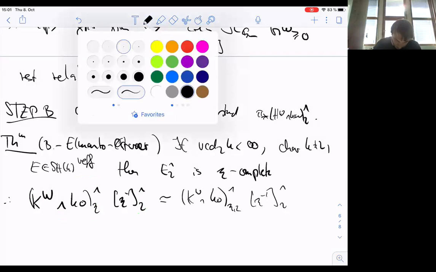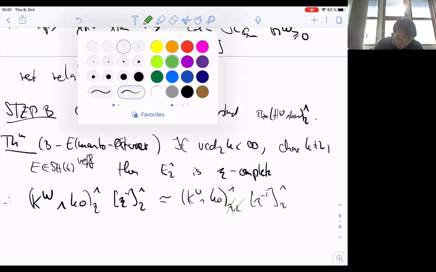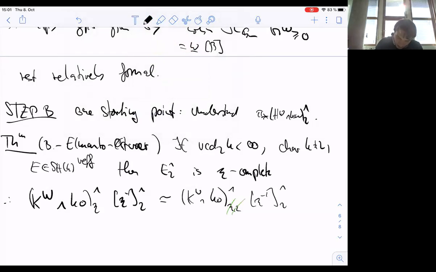And then, by the theorem above, you need to know that these guys here are very effective, but let's grant this. Then you can remove the 2-adic completion, the eta-adic completion, because it was already eta complete. But now I'm completing on the outside again, so I can just remove the whole thing. And now I just move the eta-periodization on the inside, and I get hw smash kw, 2-adically completed. So now we've computed the guy that we wanted.